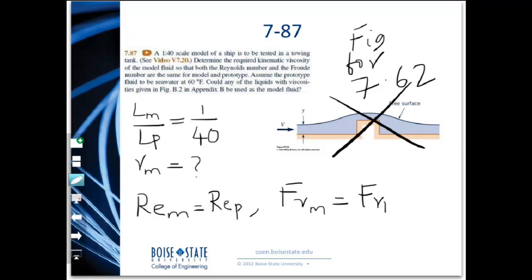Again, we have to have the Froude number similarity as well between model and the prototype, so I'm going to include that. You know the prototype fluid, seawater, so you can find mu_p from the tables in the front of your book. So this is what you'll get.